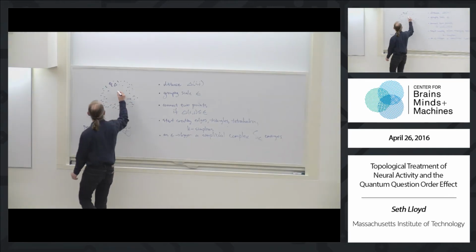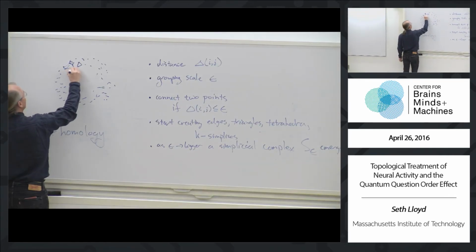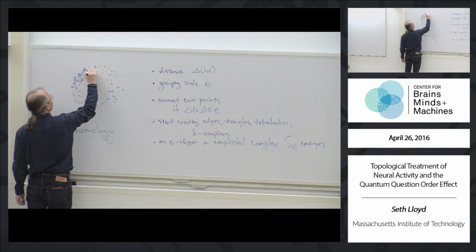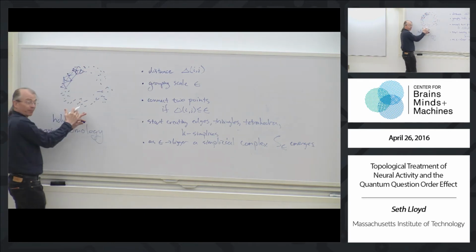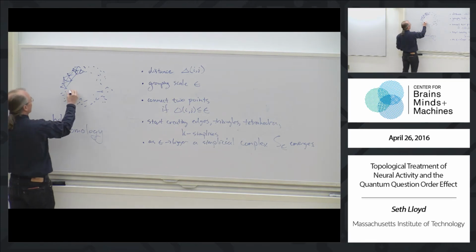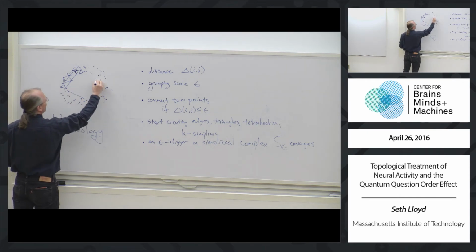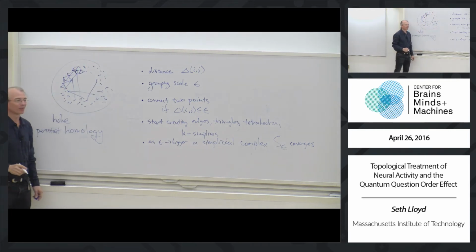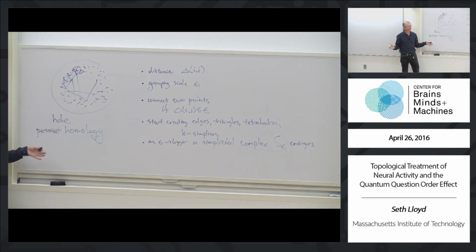I start connecting these points, and then what happens is at a certain point, I'm not going to connect everything here because I drew too many points, but at a certain point, when epsilon gets large enough, the hole will emerge. You'll see the hole, okay? Then if I start connecting points that are further and further away, the hole starts to go away, and finally, if I connect all points within the radius of this whole thing, the hole is gone.